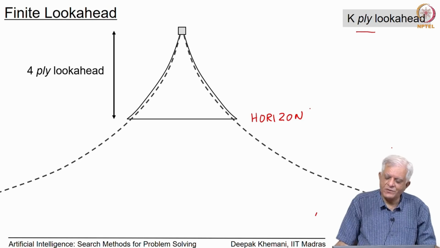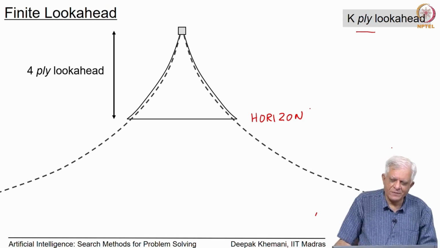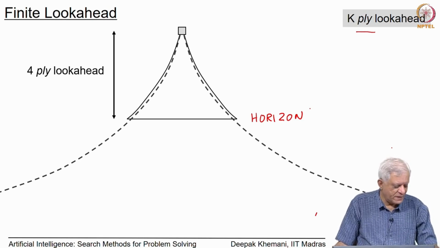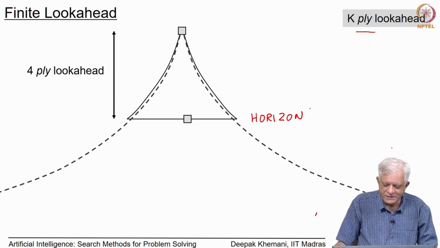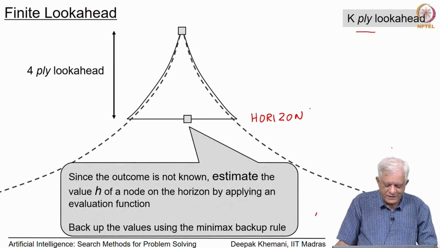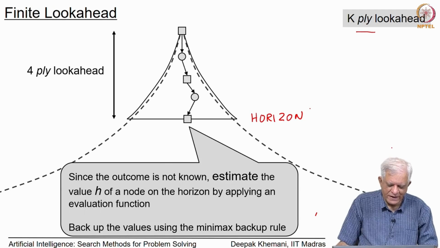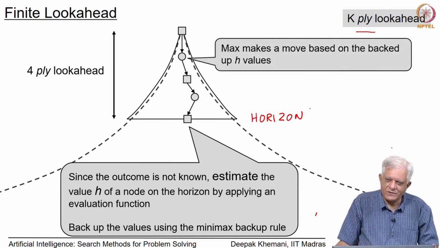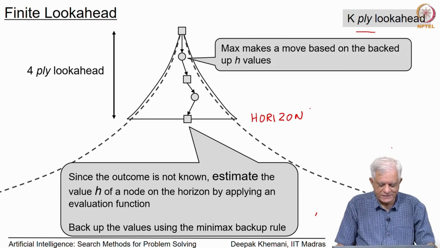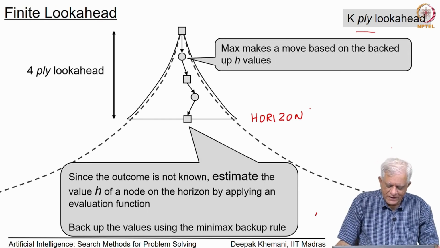So, instead we do what we often do in AI, which is to apply some sort of an estimating function or a heuristic function, and for any board position on the horizon, we estimate the value h. We will use the term h for this value, carried forward from the idea of a heuristic function in search, and we estimate this value h by applying an evaluation function.